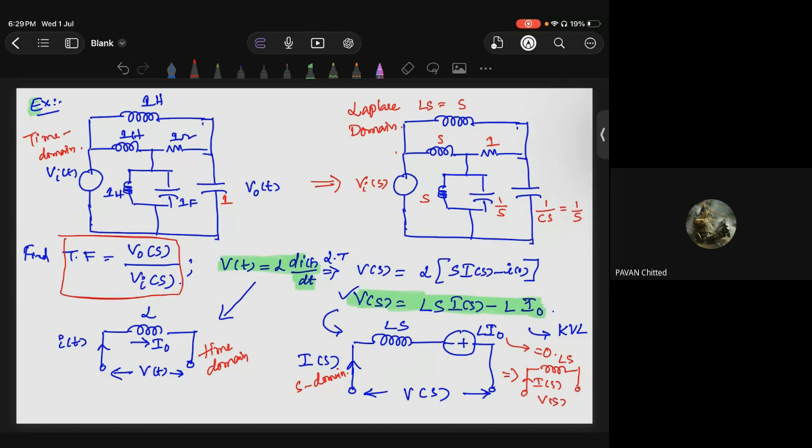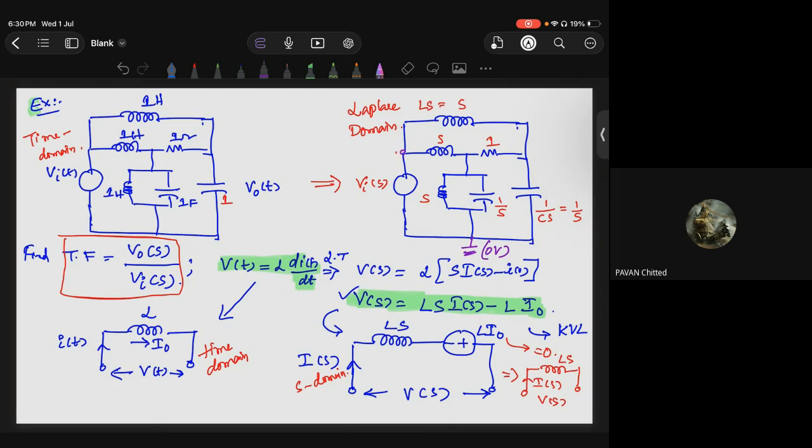Now you have this Laplace domain circuit. You can apply whatever you want. You can write down the KCL equations or you can write down the KVL equations. If you wanted to write KCL equations, you may consider this is reference 0 volts.